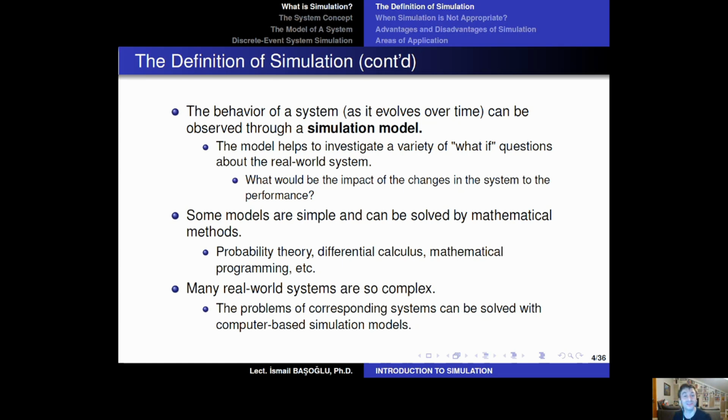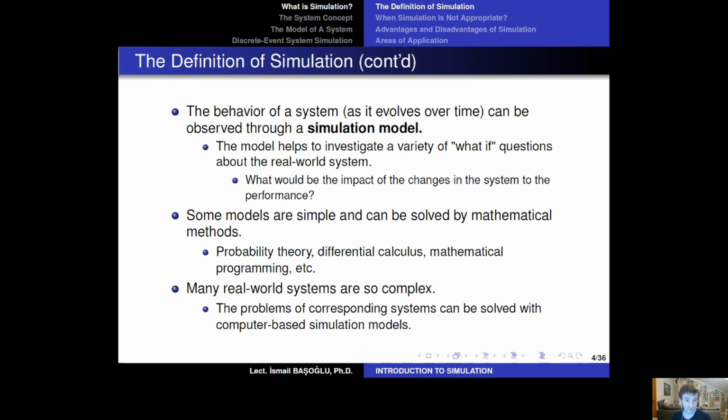Maybe you can increase the number of entrances to 4 or 5. I mean, you can try anything in the artificial environment. Okay, so the model here helps to investigate these what-if questions. And these what-if questions can be summarized as what would be the impact of the changes in the system to the performance.